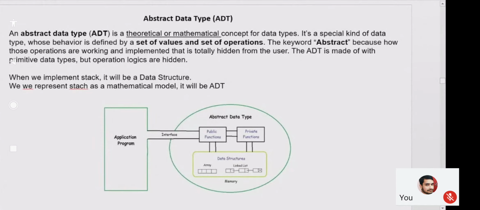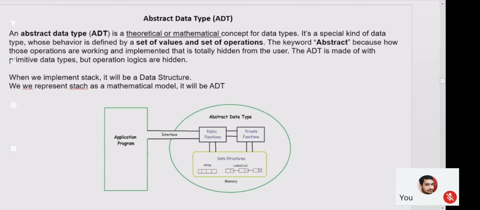So is full is a private function associated with the public function push. Similarly, whenever we want to pop one element, first we have to check whether the stack is empty or not. If the stack is empty, you cannot pop any element from the stack. That means is empty is a private function of the public function pop.